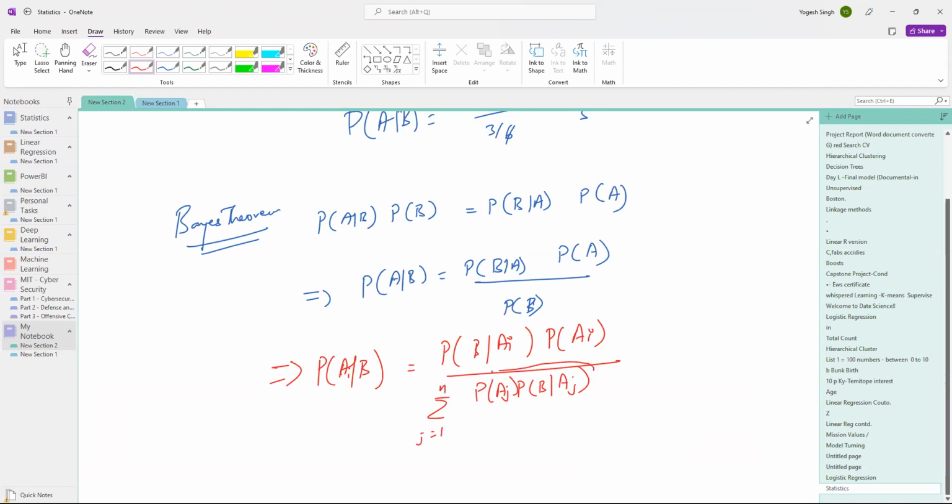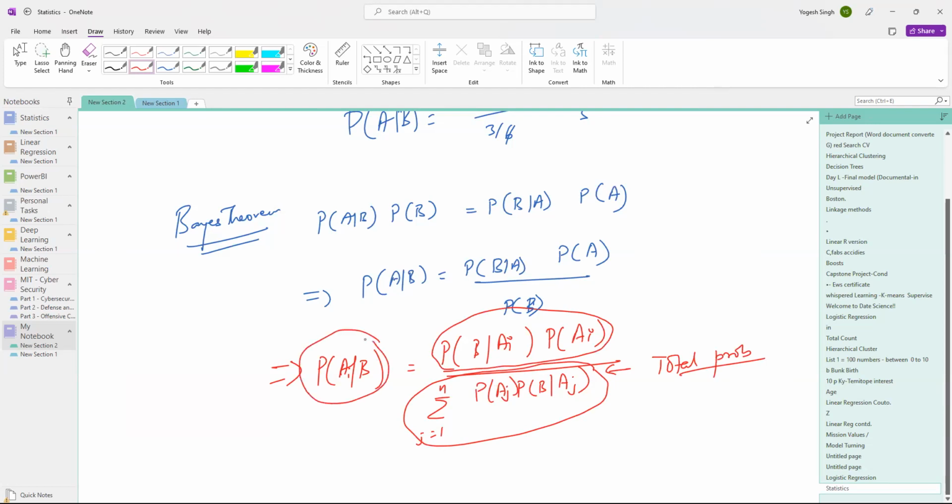This denominator is known as the total probability. So the individual probability divided by the total probability gives you the conditional probability.